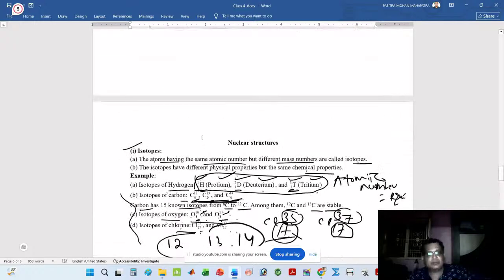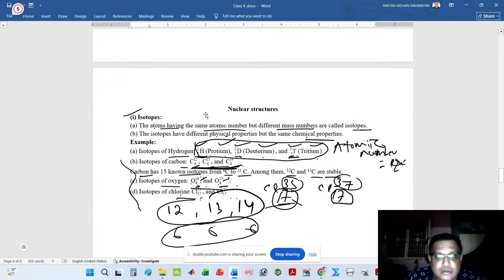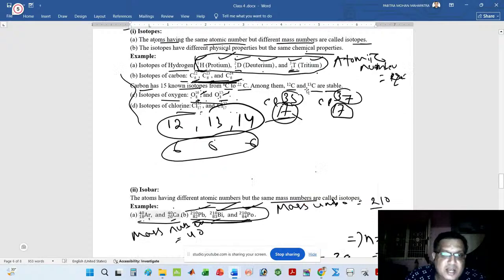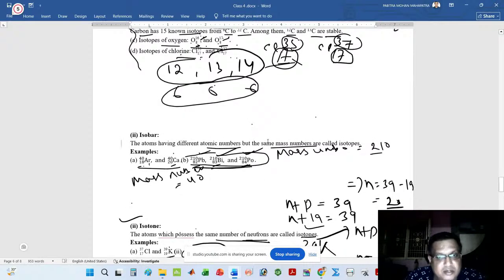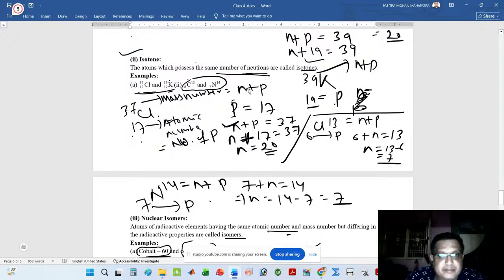These are some nuclear structure terms. Isotopes, again I want to repeat in short. Isotopes mean atomic number same, mass number different. Isobars, atomic number different, mass number same. Isotones, number of neutrons same.